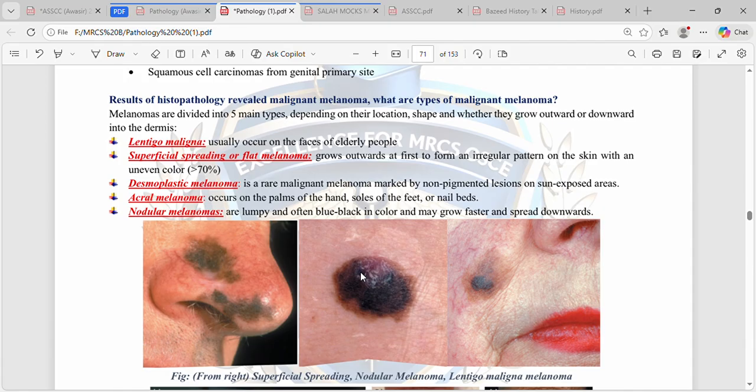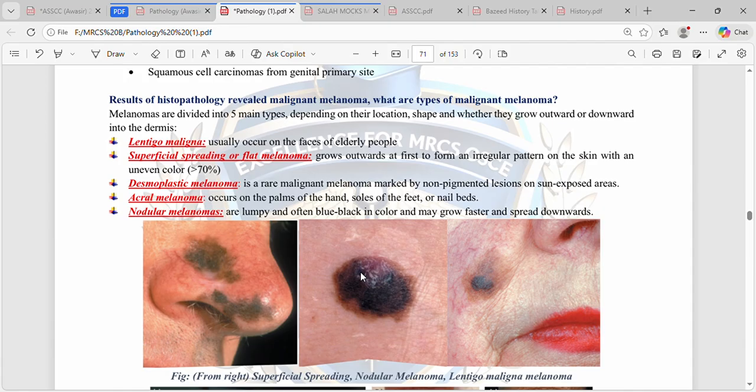Superficial spreading or flat melanoma grows outwards at first to form an irregular pattern on the skin with an uneven color. Desmoplastic melanoma is a rare malignant melanoma marked by non-pigmented lesions on sun exposed areas.